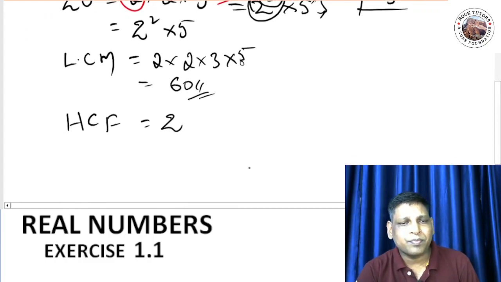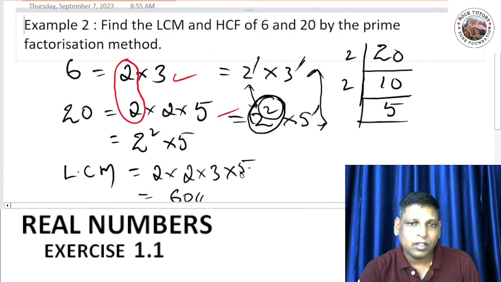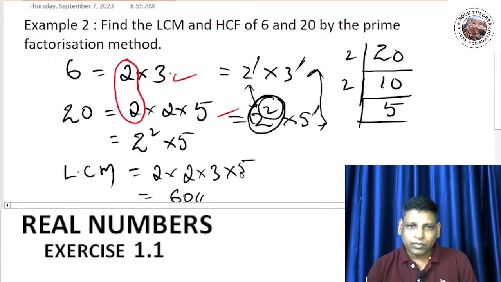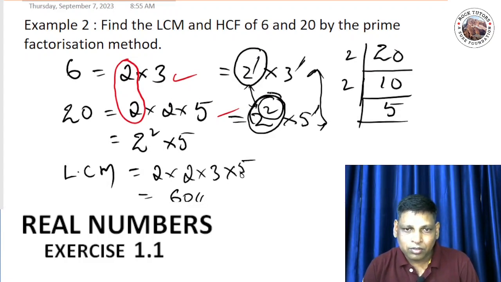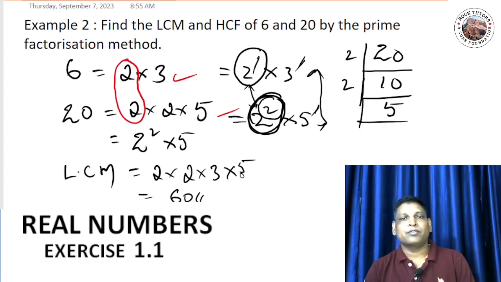Now for the HCF, we observe here 2 power 1 and 2 power 2. Which is the lesser one? Only 1. What do we mean by HCF? For HCF we take the least power.